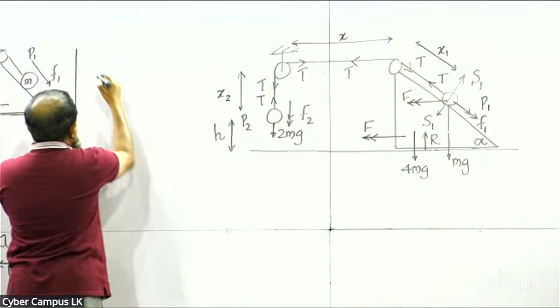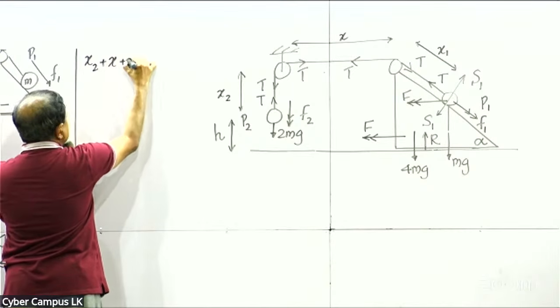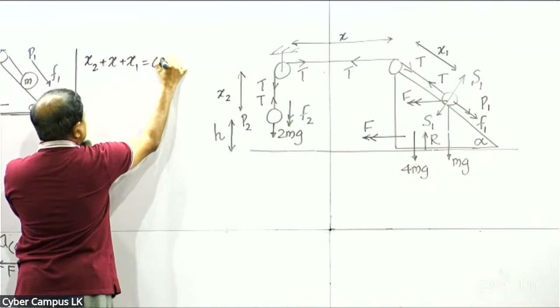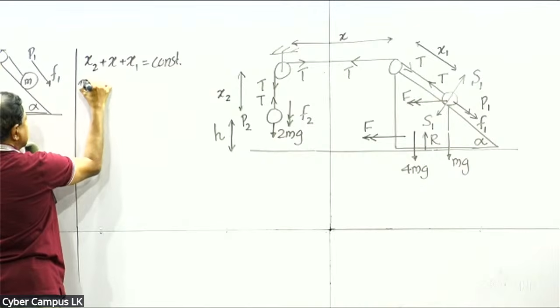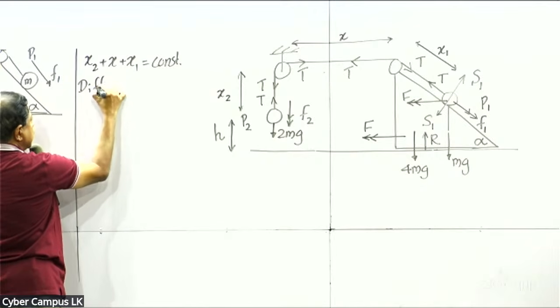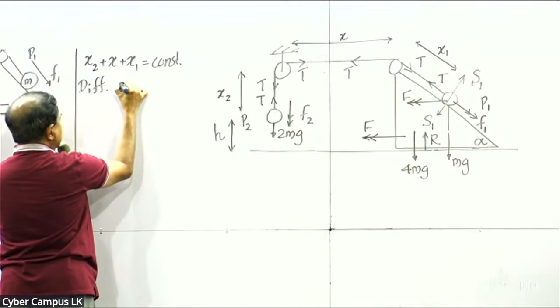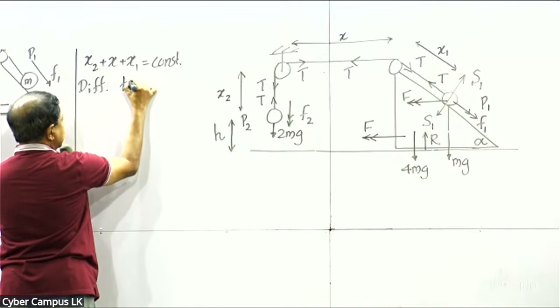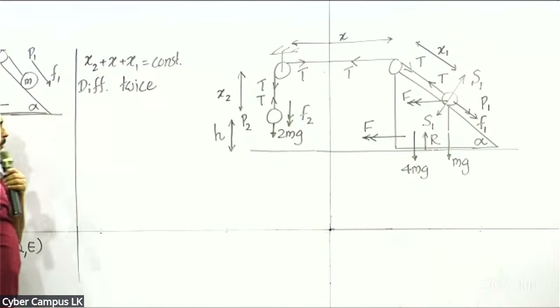So we have to use derivatives to come up with an extra equation. That means x2 plus x plus x1 is a constant. Now, to get accelerations, you differentiate twice, because if you do it once, you get the velocities. We don't need velocities.